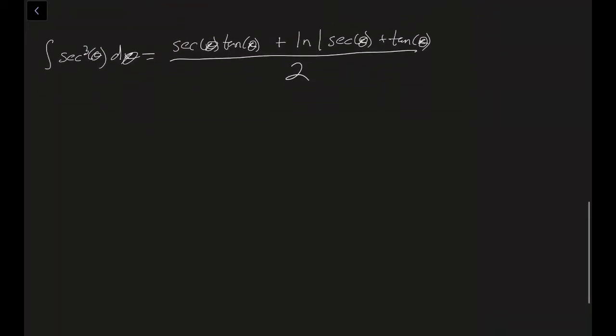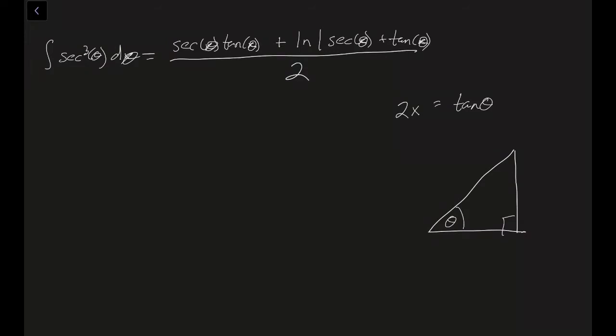So I just took the result from the last video and pasted it in here, replacing x with theta. Now, we have that 4x is equal to tan theta. And I always make that mistake, but it's actually 2x is equal to tangent of theta. So how do we figure out what secant of theta is? What we're going to do is draw a triangle. We'll label this angle theta, and we're going to make sure it's a right triangle.